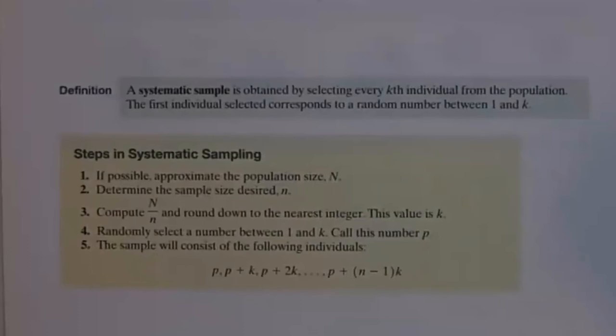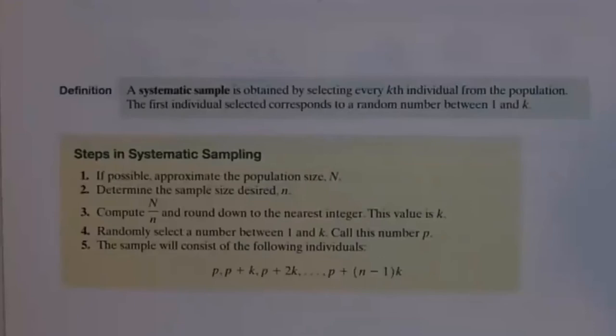And so you want to get a sample of, say, 100 customers. So if I take 3,000 divided by 100, that's going to be 30. So I would maybe select every 30th customer and ask them to complete a survey for me so that I could obtain the information that I'm trying to obtain.